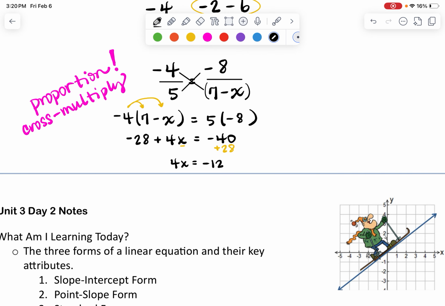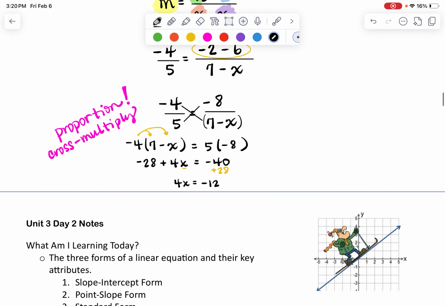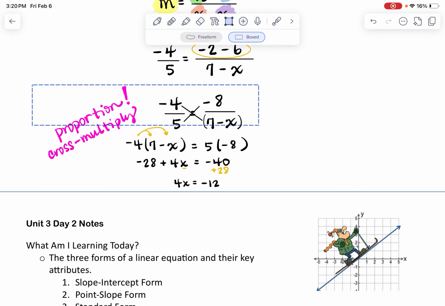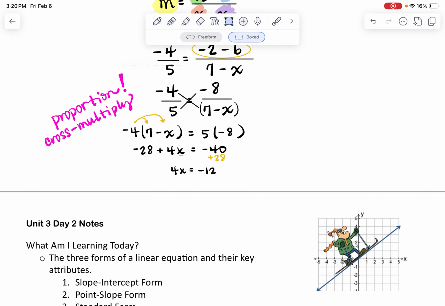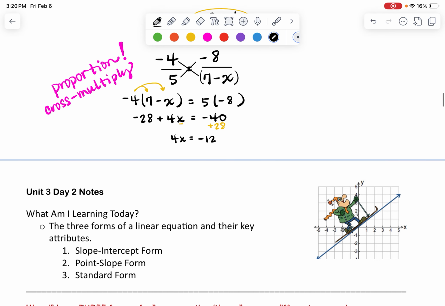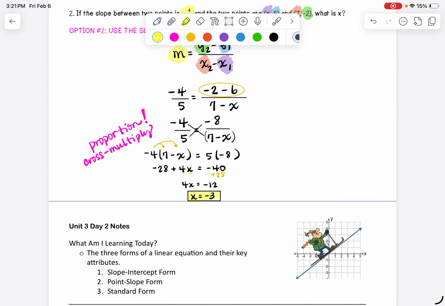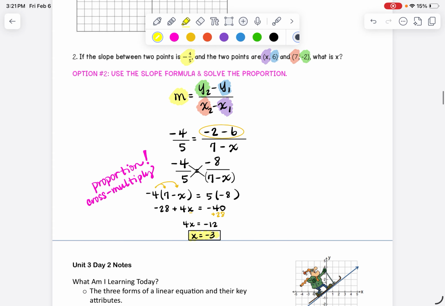And then when we divide, let me scooch all this up. I've very much run out of room here. Sorry. When we divide by 4 on both sides, we're going to get negative 3. Okay, and then that is our answer, right? That would be the x value of that given coordinate, right? After I plugged all that in and solved it algebraically.